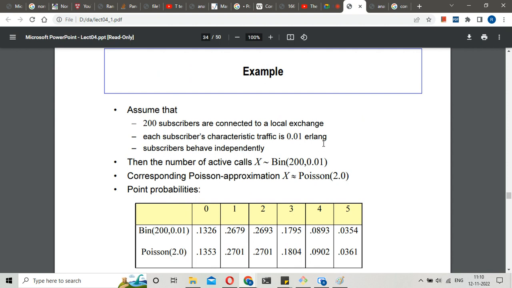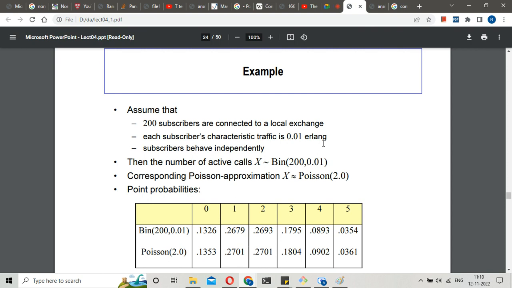Each subscriber's characteristic traffic is 0.01 erlang. Subscribers behave independently. Then the number of active calls is distributed binomially, with n = 200 and probability 0.01.